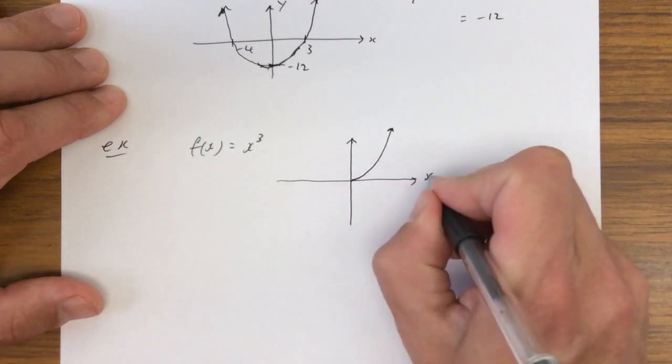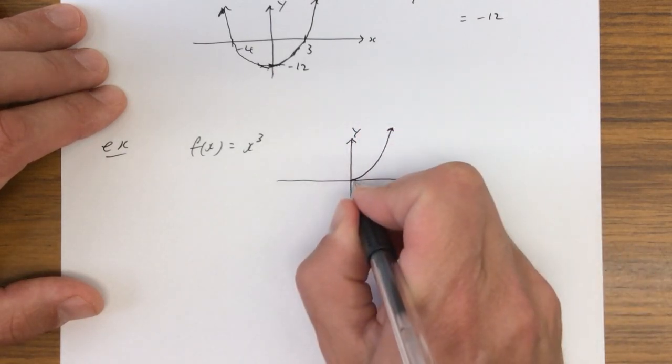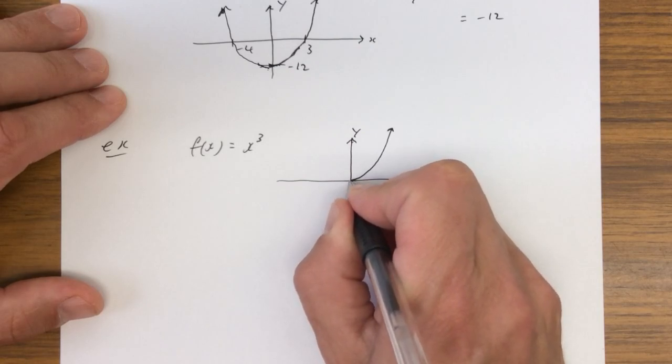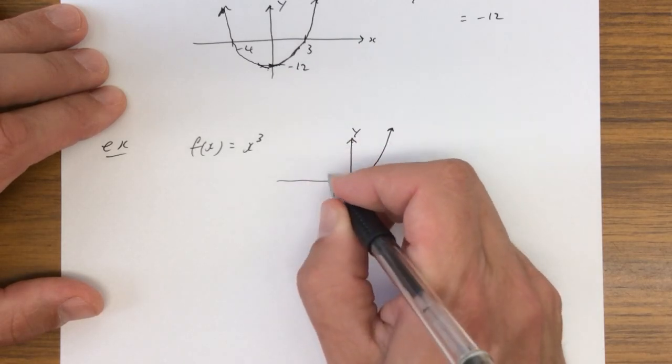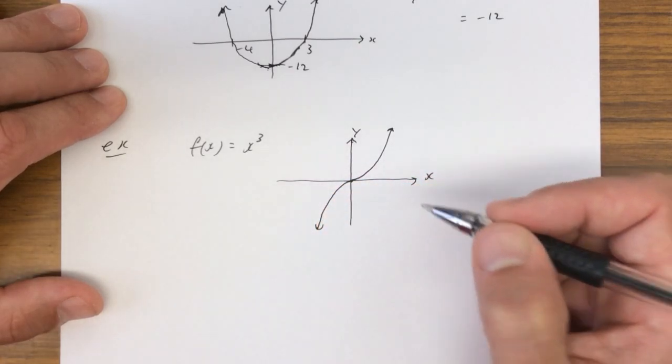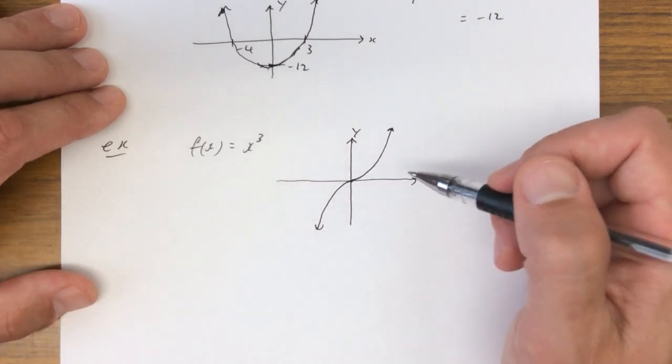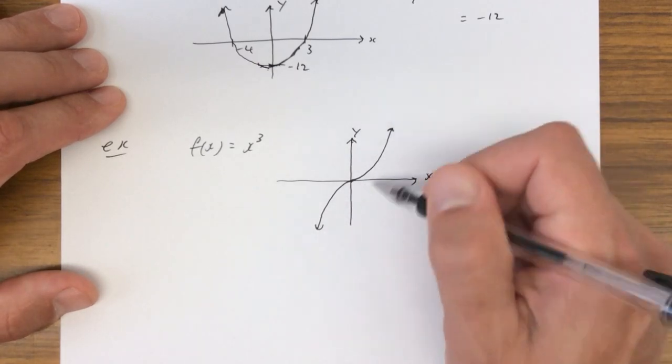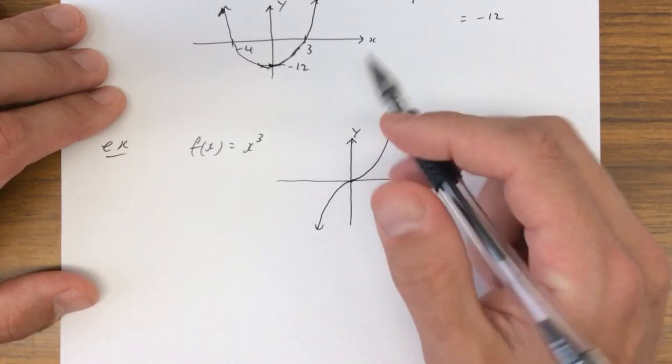But when you cube negative numbers, they get bigger as well, but bigger negative, because when you cube a negative, it stays negative. So instead of going up like this, like a parabola, it comes down like this. Okay, so that's x cubed. And you can see that the end behaviors just go off to infinity and negative infinity.